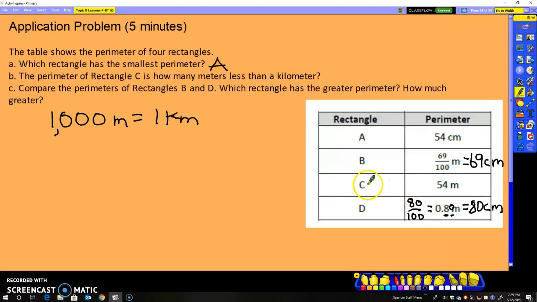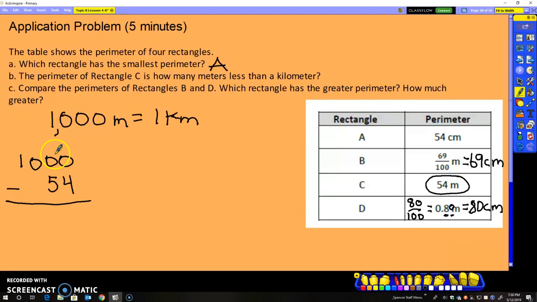Now it's asking us to look at rectangle C and say how much less than a kilometer it is. If we have 54 meters, to compare that, I'm going to take my 1,000 and subtract what we know, and we're going to get how much more it is. Go ahead and try that out.